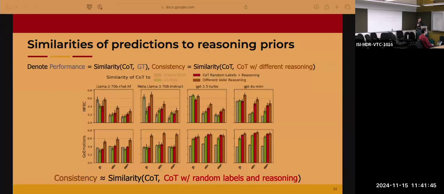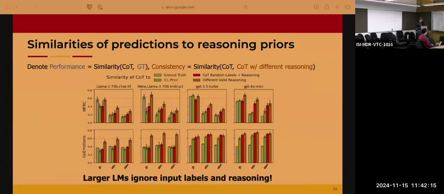And finally, what's also very interesting is that when we look at the consistency of the predictions, it is again on par with the consistency that we see between prior and posterior of chain of thought. So that tells you that the chain of thought for larger models also has priors that tend to ignore the evidence provided in the prompt, and these priors are just as consistent as if we were using a different but valid reasoning chain.